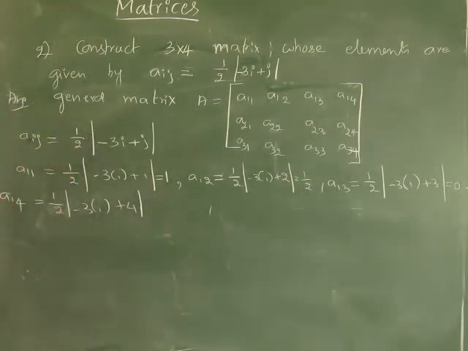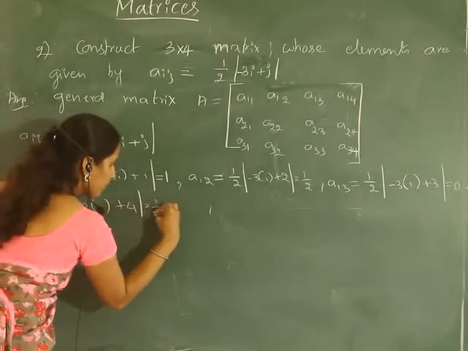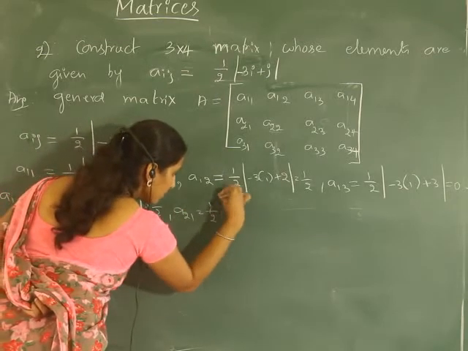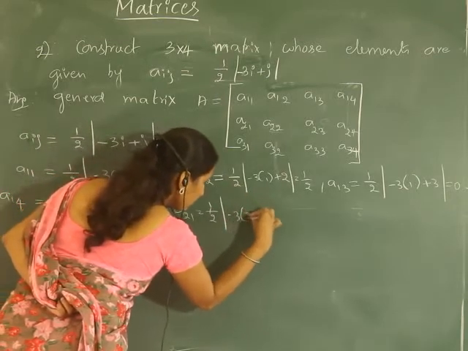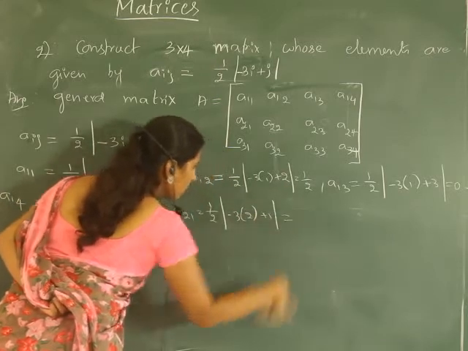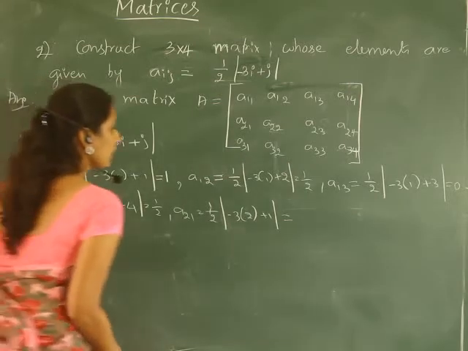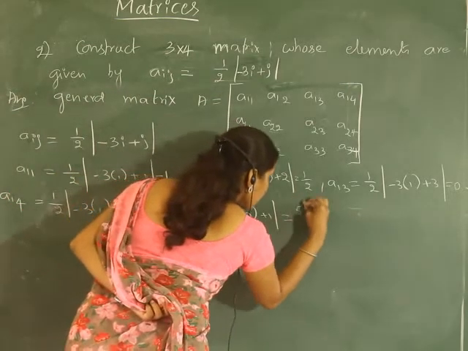So minus 3 plus 4 is plus 1. So it is again 1 by 2. Then A21 will be half into modulus of minus 3 into 2 plus 1. Minus 3 into 2 is minus 6, minus 6 plus 1 is minus 5. So it is 5 by 2.